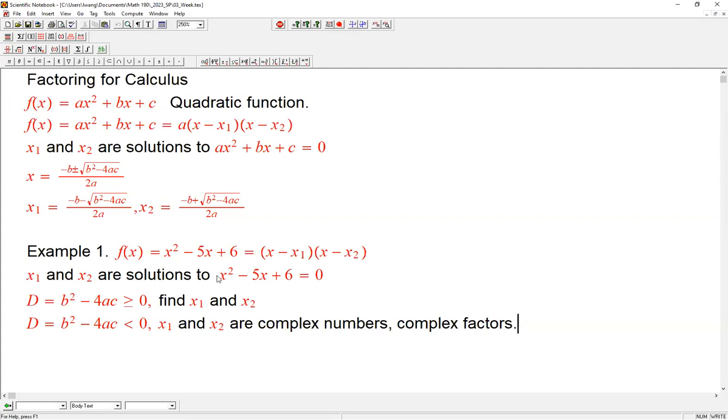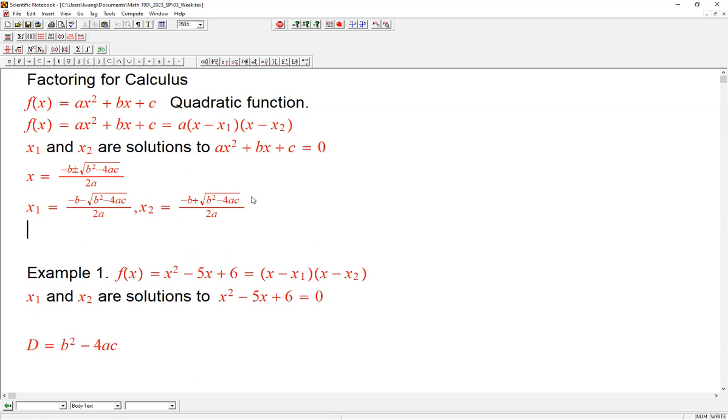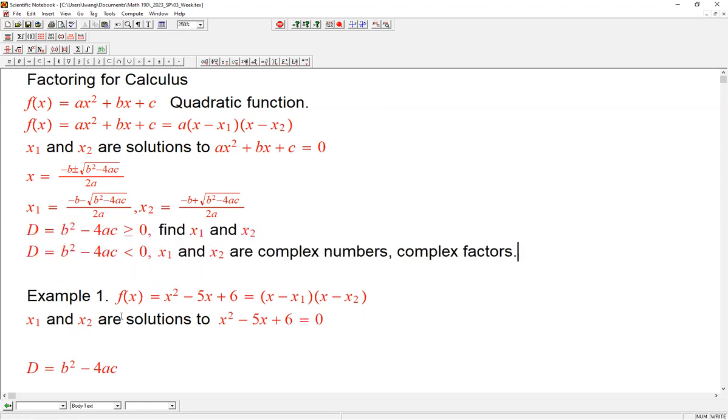So in our case, we have b squared minus 4ac, and in this case it is going to be greater than 0. Okay, in this example, b squared, b is -5, minus 4 times a is 1, c is 6.